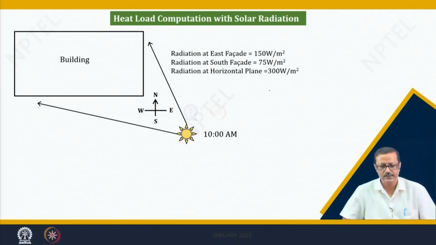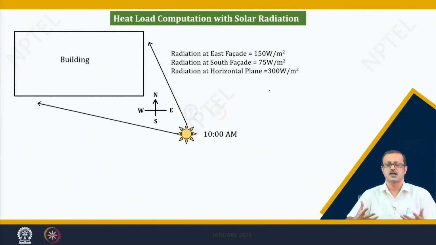So, next let us see the heat load computation with solar radiation. If solar radiation comes into the different surfaces of the building, and also the roof, then what is going to change? I have given 3 solar radiation phases.